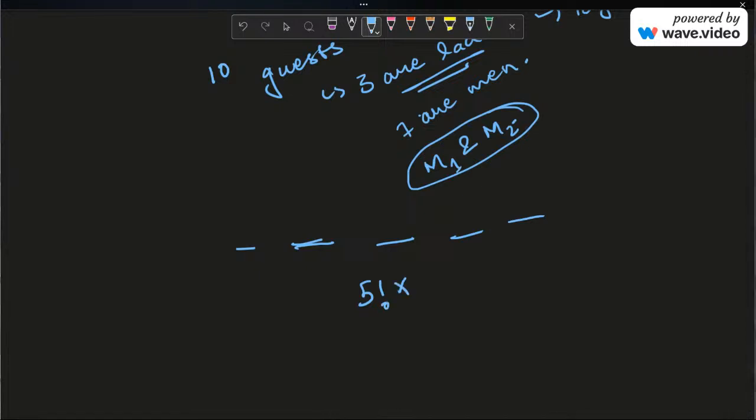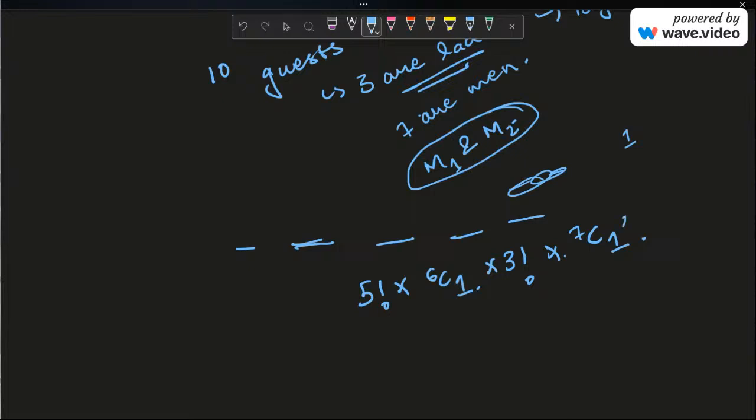After that, in 6 gaps I have to select one gap for the women and then arrange them, multiplied by 3 factorial. After that, how many gaps will I have? Initially I had 5 men and now one ladies group, so there are six elements, so there will be seven gaps.